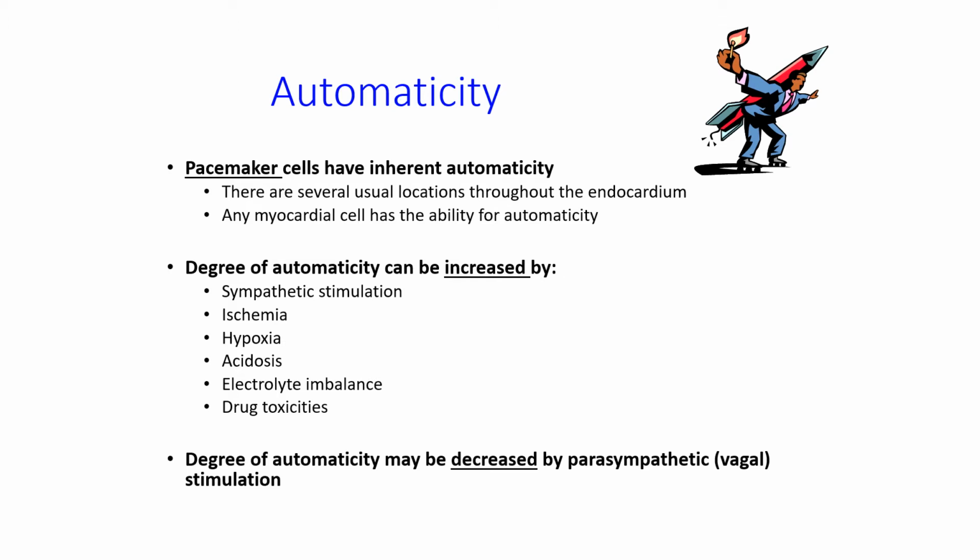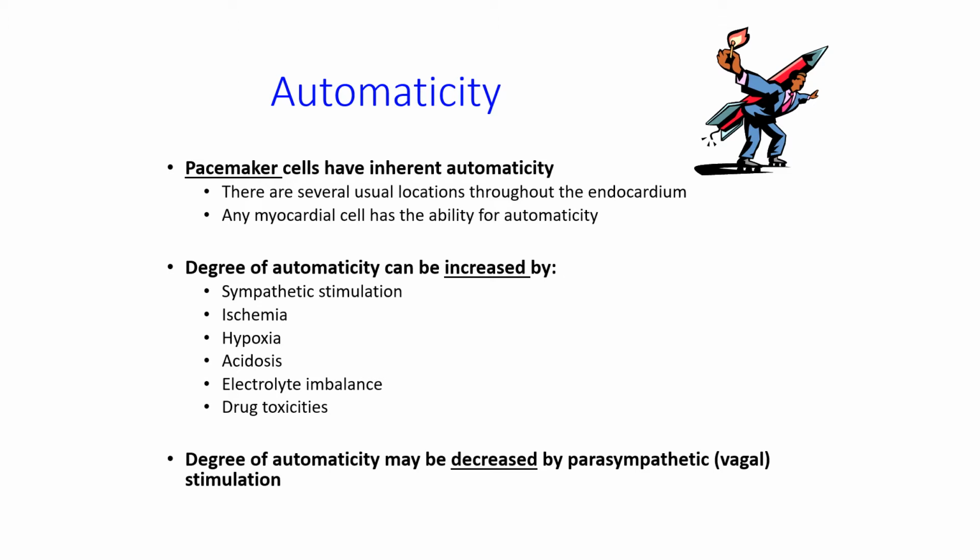Your heart rate will elevate in order to try and provide more blood and oxygen to the cells, and electrolyte imbalances as well. The degree of automaticity may be decreased by parasympathetic stimulation. Sympathetic stimulation causes an increase in heart rate and increased contractility. It causes vasoconstriction so that there's better perfusion. And again, that's your fight or flight.